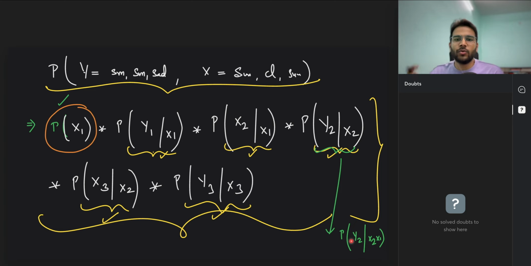If I simply ask you why I'm not writing this, your answer should be very simple: the Markov property. In the previous class, I explained that the probability of the next state only depends on the current state, not on the previous states. That is the reason why I'm writing just this one.